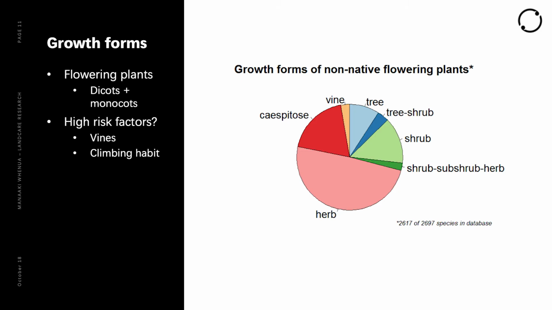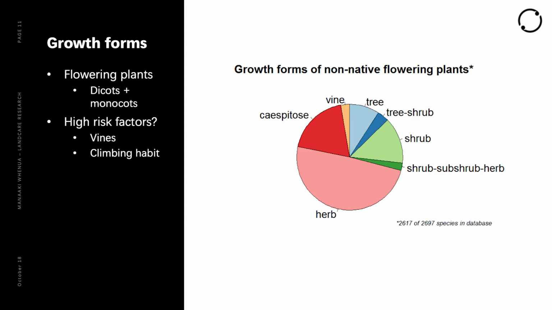So this is just 7 different types of growth forms that the flowering plants are composed of, including trees, ranging to shrubs, and down to herbs and cespitose forms, herbaceous forms, and vines. And you'll notice most of the species are herbaceous.